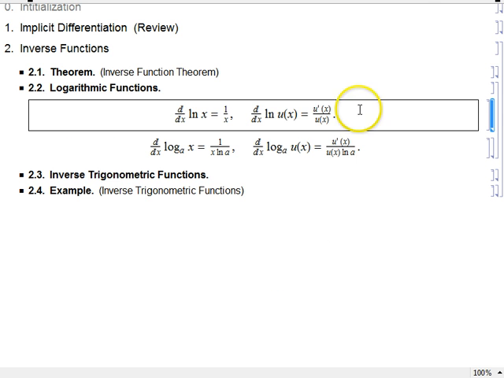Okay, here's a little bit more practical formula here. If you have a composite function, how do you do it? Well, if you use the chain rule, the derivative of the outer function is 1 over u. Nothing changes inside, so u just goes there. And then we have to multiply by the derivative of the inside function by the chain rule.